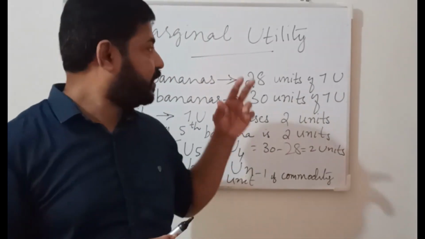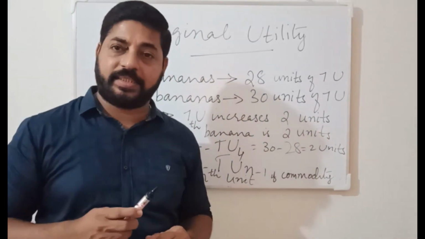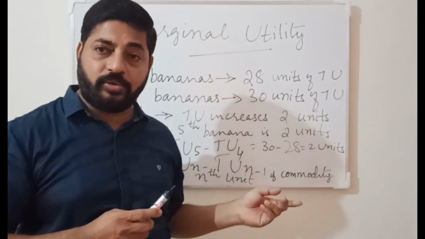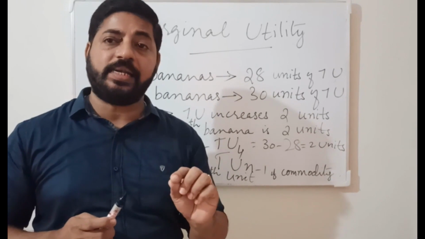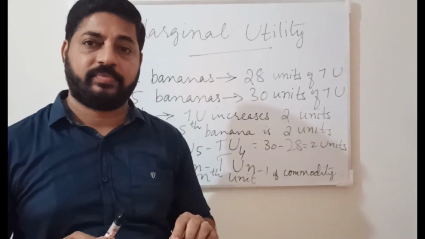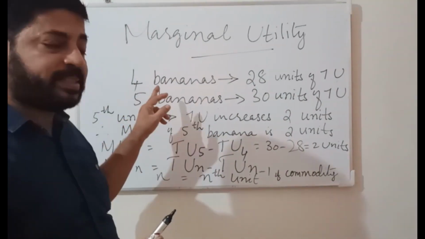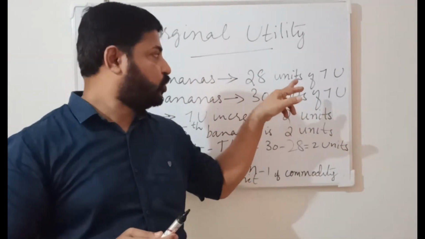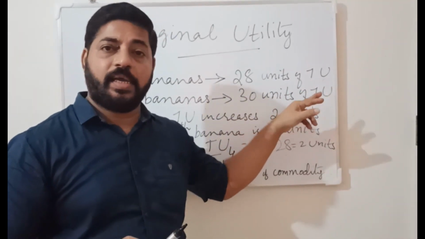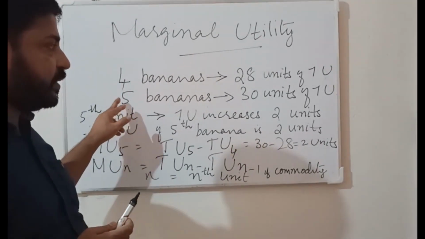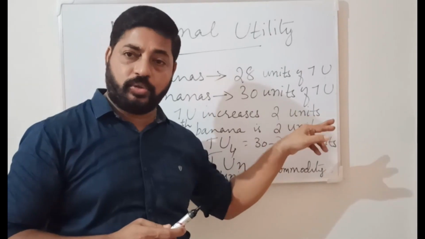Now we discuss marginal utility. Marginal utility is the change in the total utility due to consumption of one additional unit of a commodity. For example, suppose 4 bananas give us 28 units of total utility and 5 bananas give 30 units of total utility.